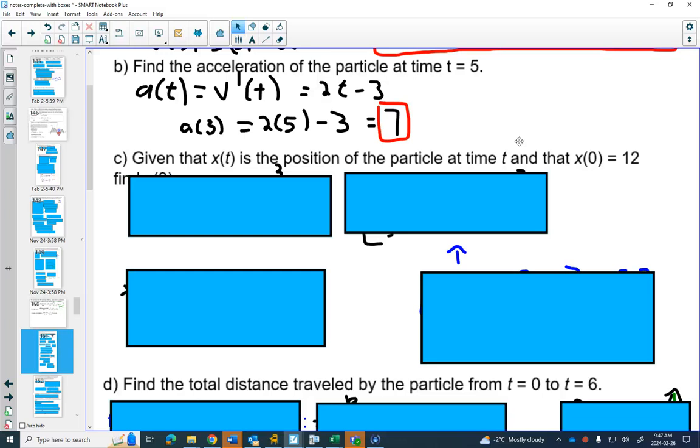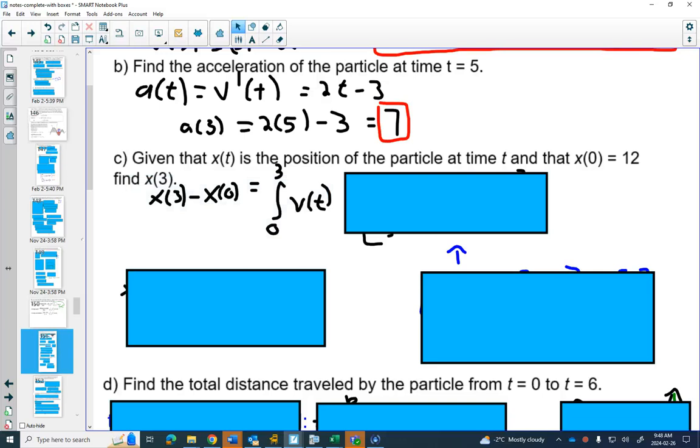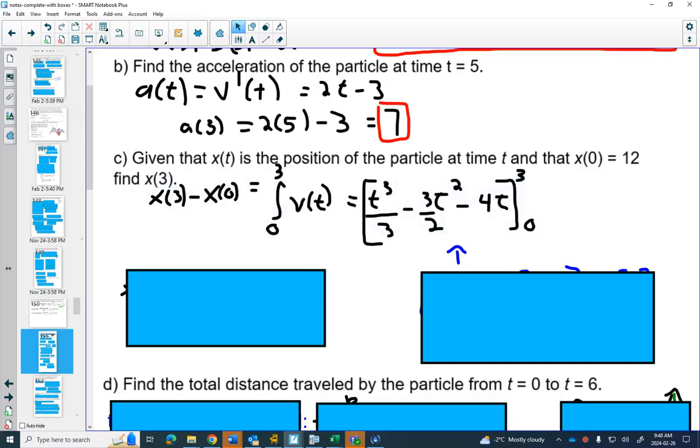Given that x of t is the position of the particle at time t, and x of 0 equals 12, so this looks like a solving for C question. Well, we're going to solve this using our definite integral.